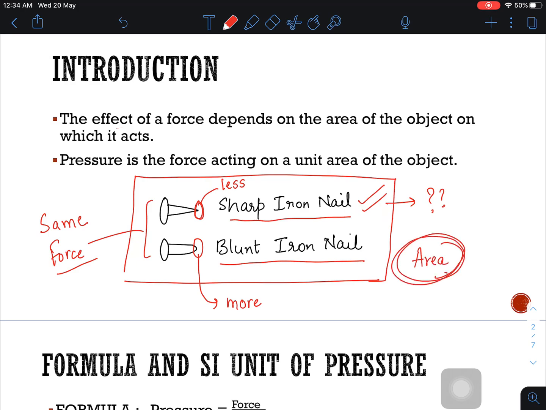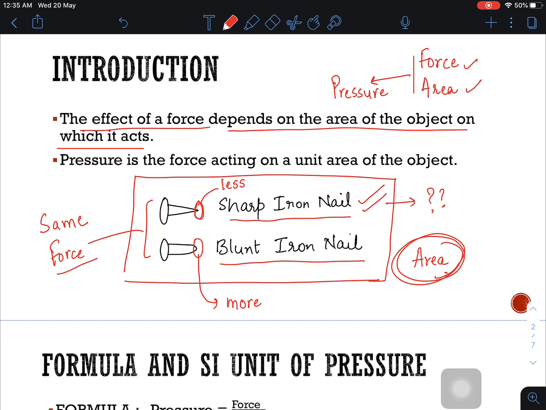So if we want a different type of effect, it is not just the force that matters, it is also the area. When you take into account both the force and area, you're basically talking about pressure. The effect of force depends on the area of the object on which it acts.